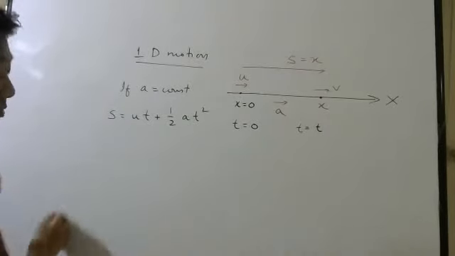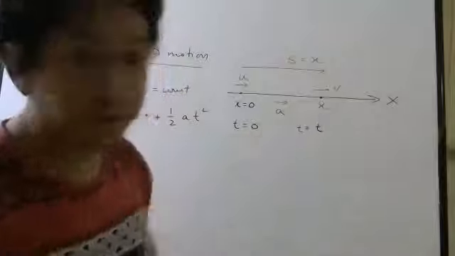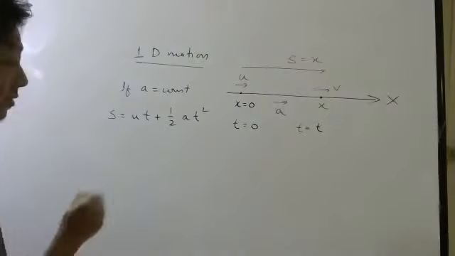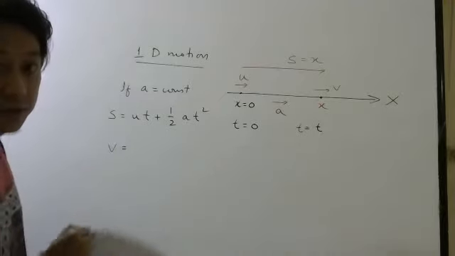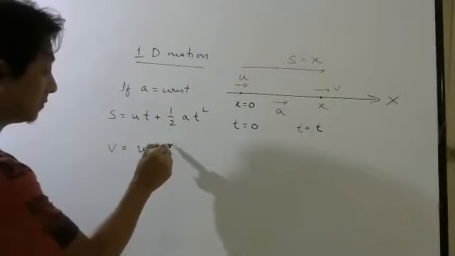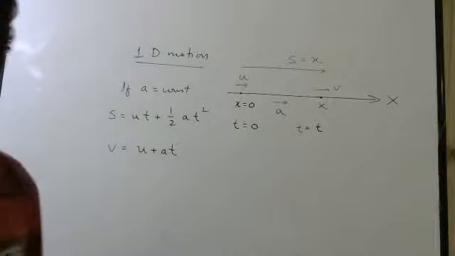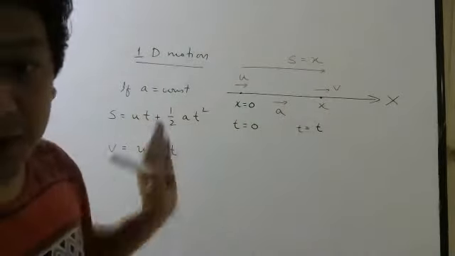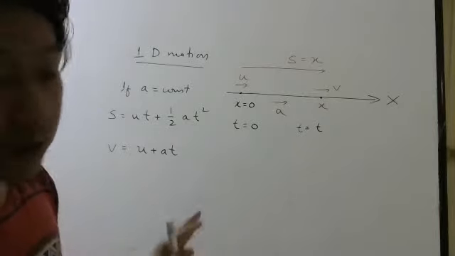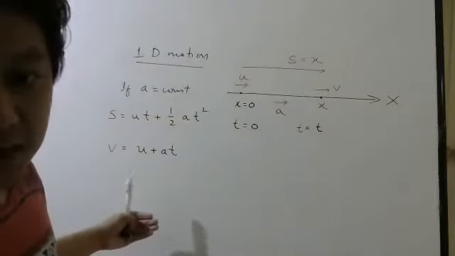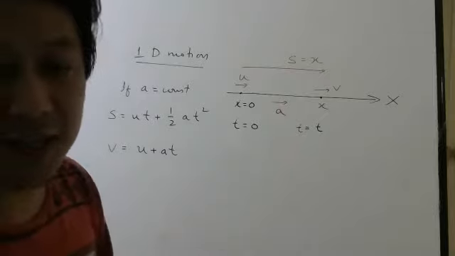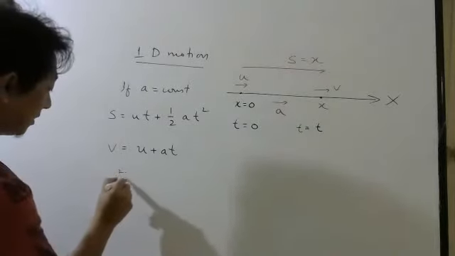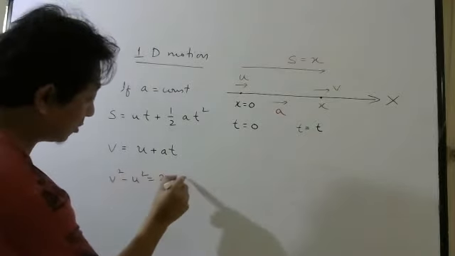Now suppose you say, sir, I want final velocity. Then what formula should I use? v equals u plus at. Everybody understood these things. So these are very simple kinematic equations we have in 1D motion. One more equation is there, but that is redundant. Redundant means, in some cases this formula can also be used.